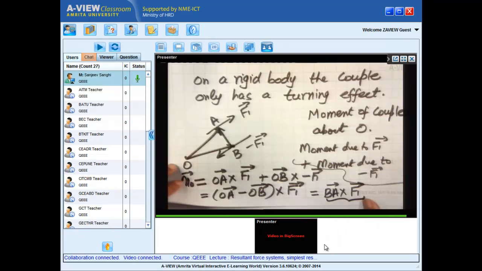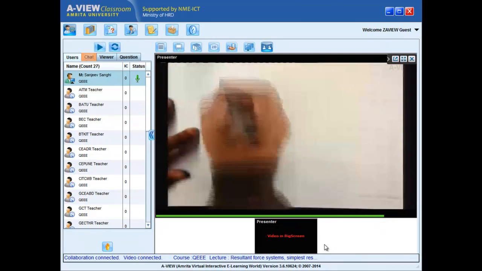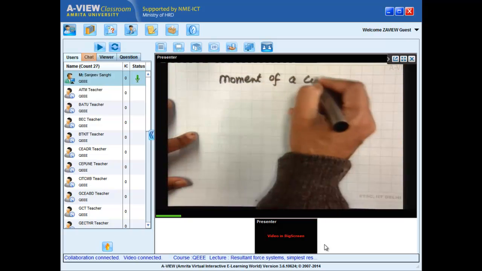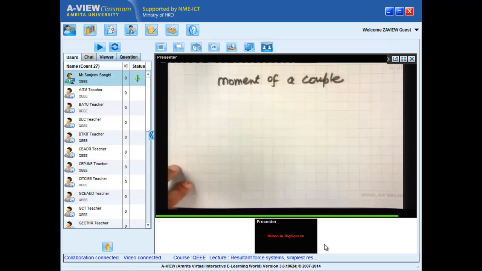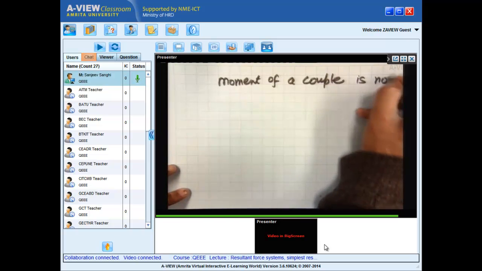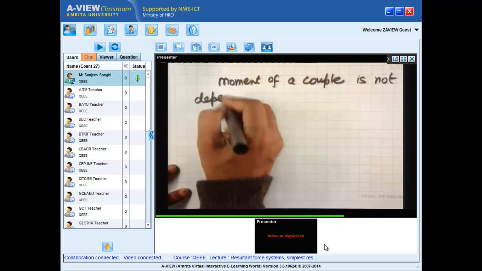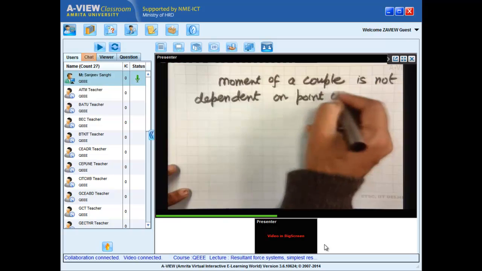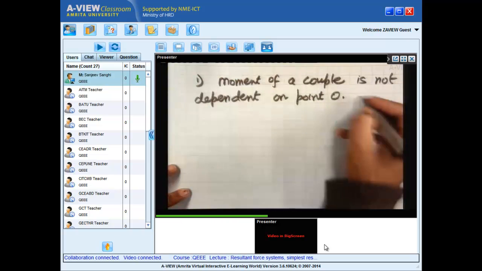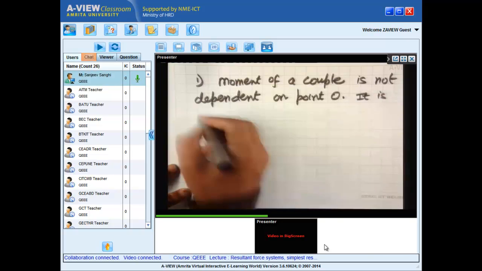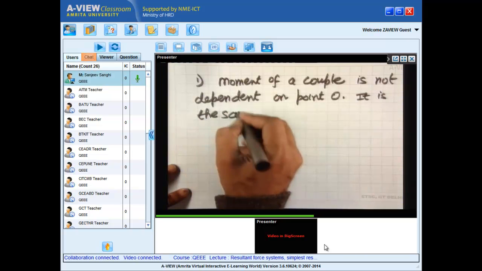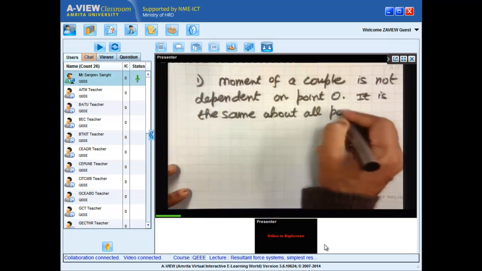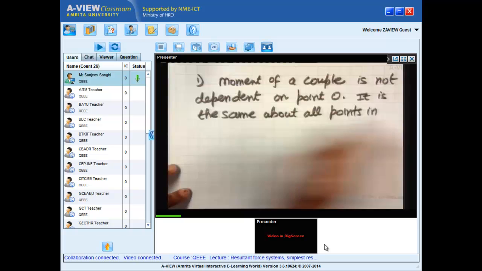So that means the moment of a couple, and keep in mind couple means equal and opposite forces, is not dependent on the point O. That means it is the same about all points in space.